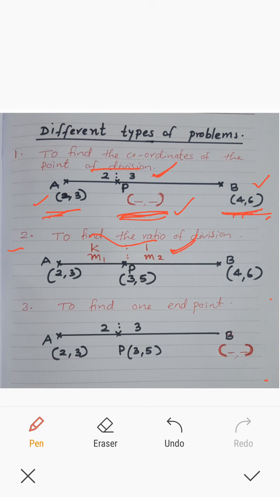Since we are asked to find the ratio of division, we must be given the coordinates of the endpoints of the line segment and the coordinates of the point of division. This is the second case. First case, to find the coordinates of the point of division. Second, to find the ratio of division.